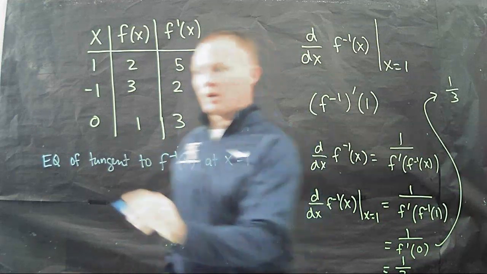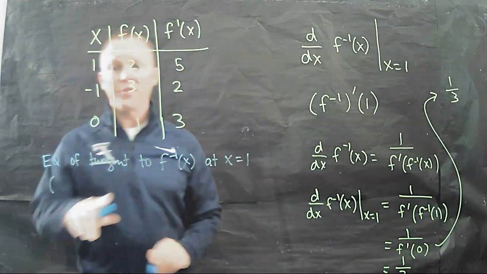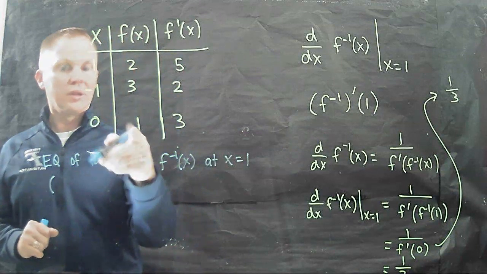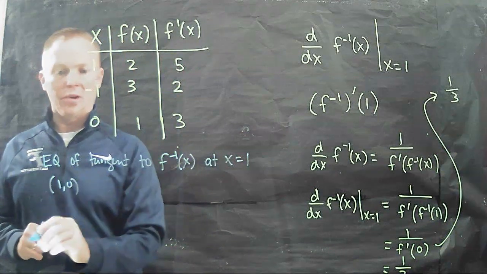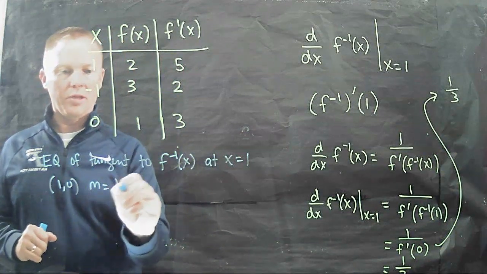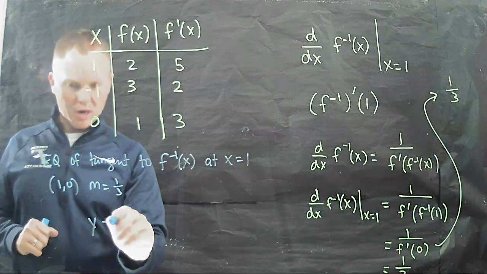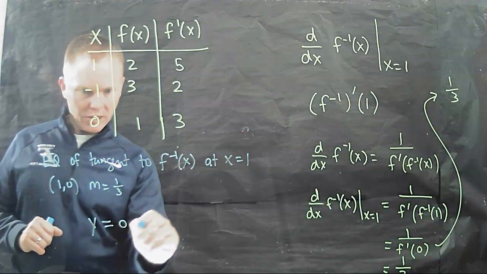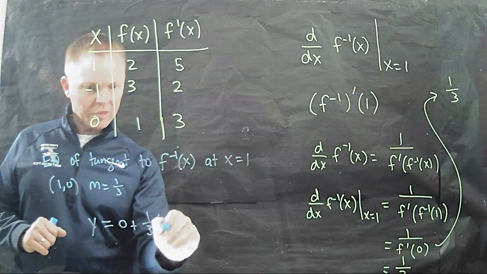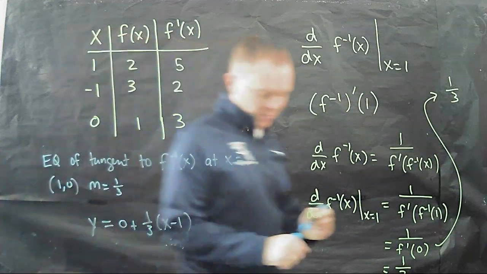So what's our point on f inverse? F inverse of 1 is 0, and our slope is 1/3, so it's going to be y equals 0 plus 1/3 times x minus 1. Okay?